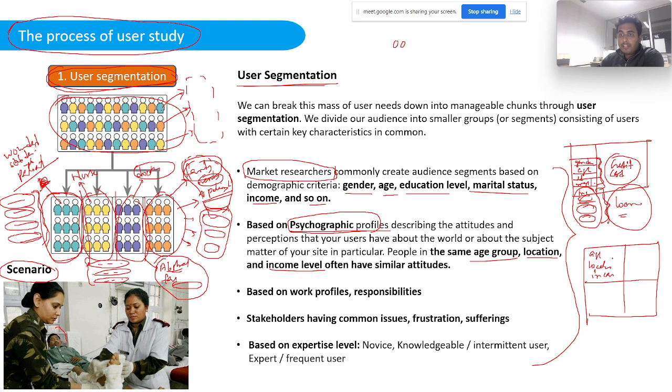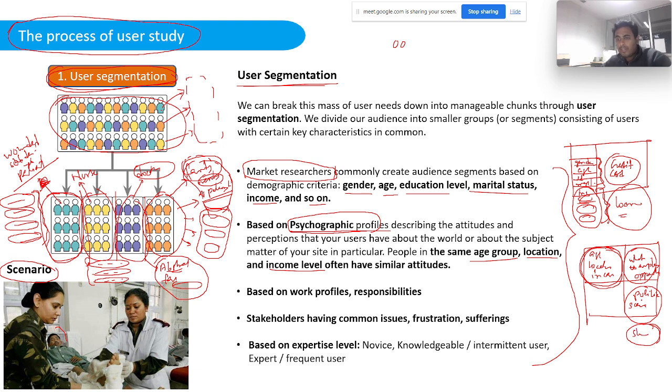Based on these, if they fall under a particular profile, you may ask them, what are the employment opportunities, what is the political scenario, are you happy with the current political steps the government is taking?